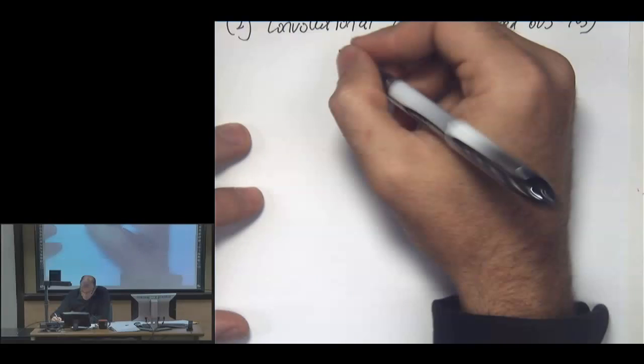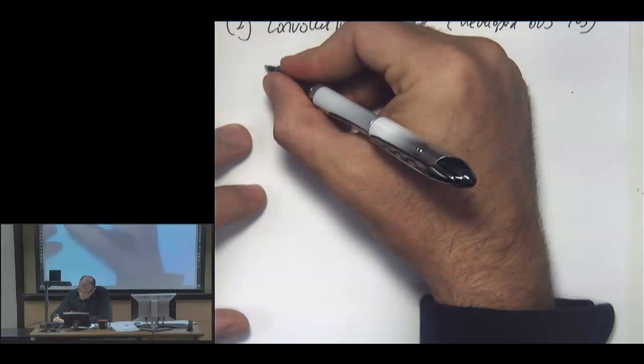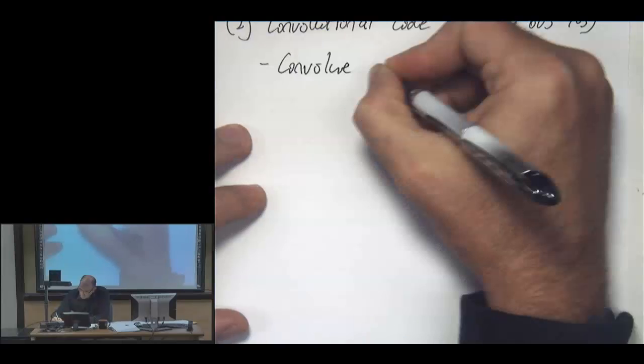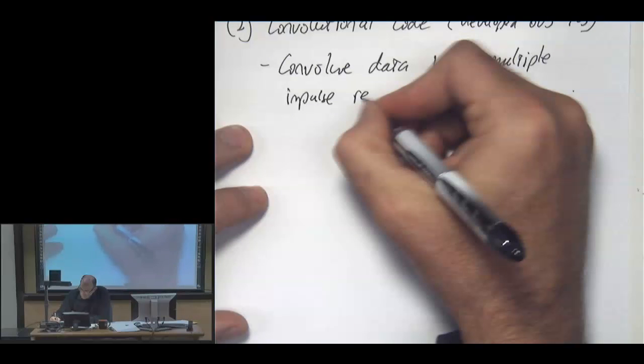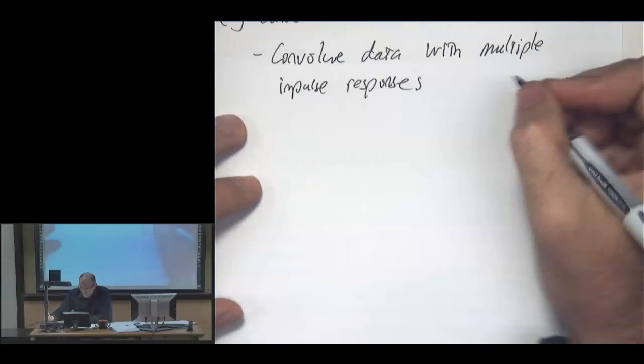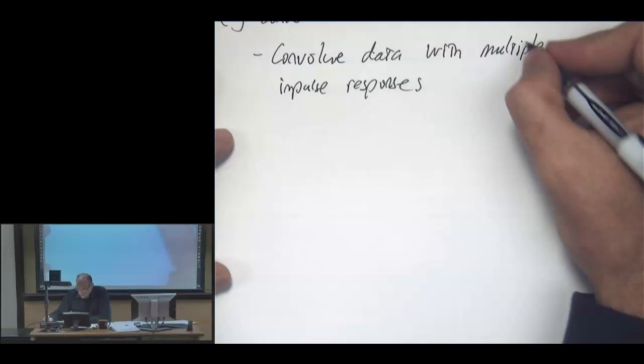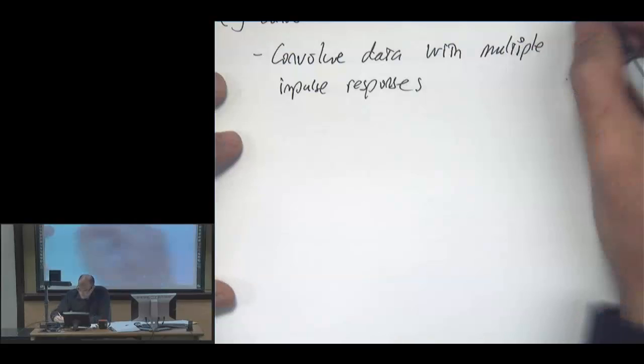So you convolve data with multiple impulse responses. And there's various ways to implement this and simplify it and make it more complicated. So I'll give you just an example here.